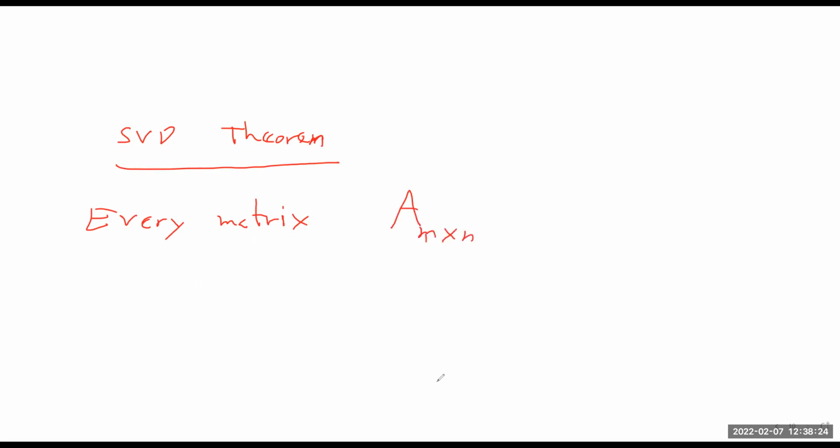Notice this fits what we need perfectly, because m is the number of samples, n is the number of features. They're not going to be the same, so it fits every data set that we have. So every matrix A, which is m by n, has a singular value decomposition.